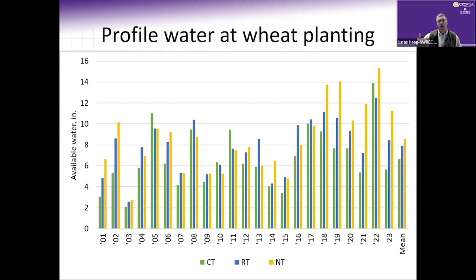We tend to do a better job of storing that precipitation, higher fallow efficiencies in a no-till, followed by reduced till, and then conventional till being our lowest system in terms of fallow efficiency. What this looks like in terms of percentages, it's not uncommon for us to see fallow efficiencies for the no-till pushing that 40% range, where our fallow efficiencies for the conventional till tend to be down in the 20 to 25% range.